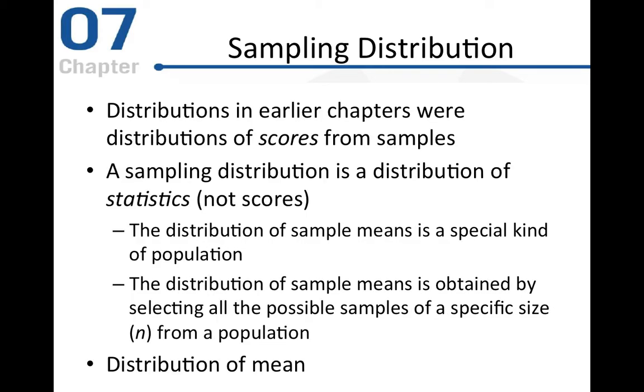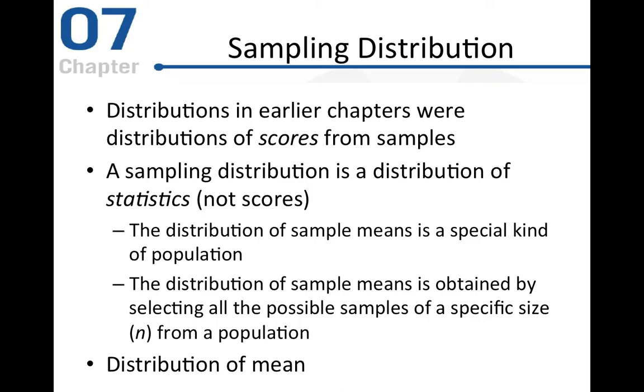Okay, so the sampling distribution. As I've mentioned, the distributions in earlier chapters were distributions of scores from a sample, so single scores. The sampling distribution is a distribution of statistics, not scores. So when we just say distribution, that's going to be of scores.